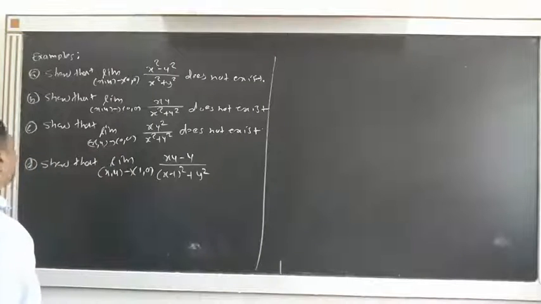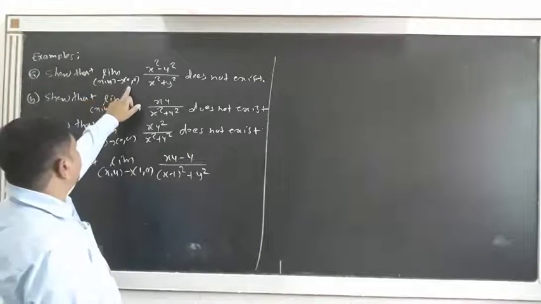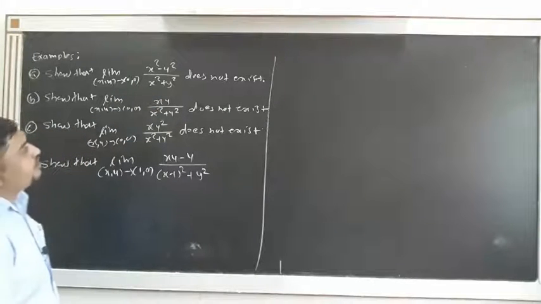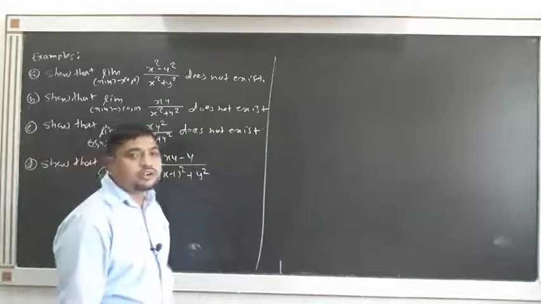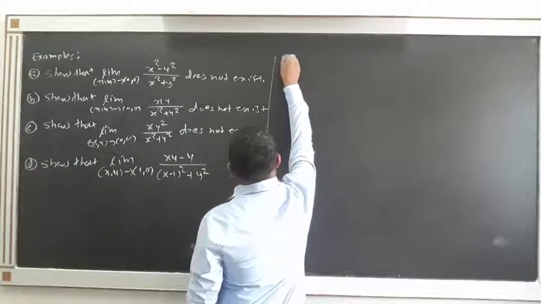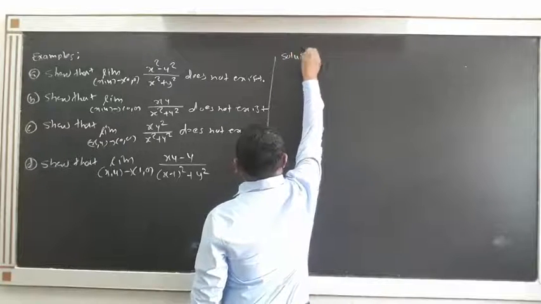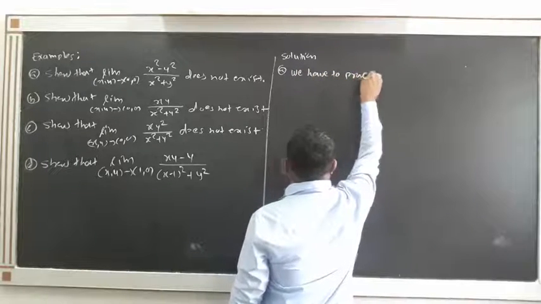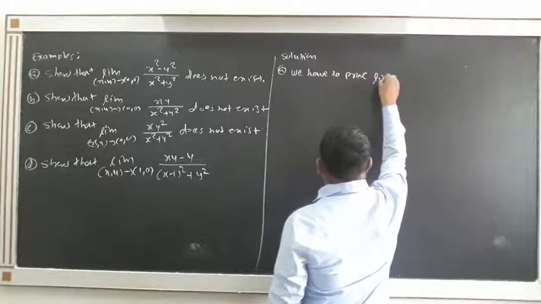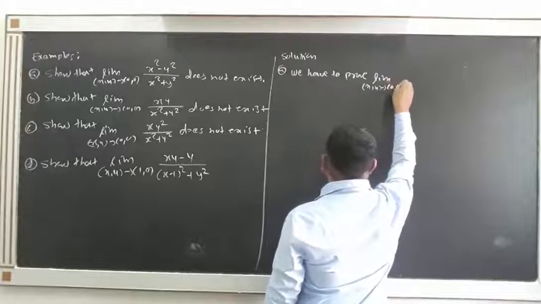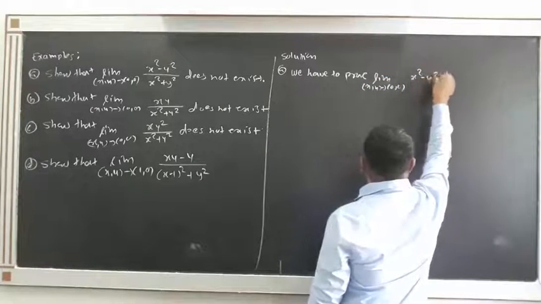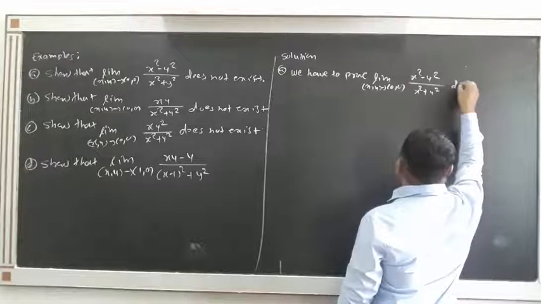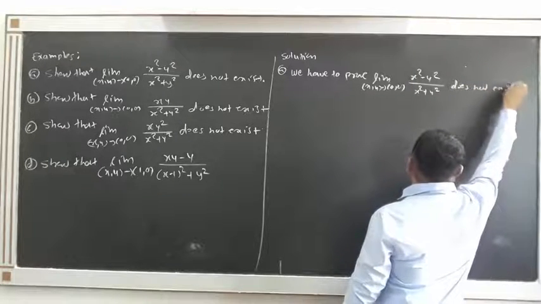First example: show that the limit as xy tends to 0 0 of x square minus y square upon x square plus y square does not exist. Solution: we have to prove that the limit as xy tends to 0 0 of x square minus y square upon x square plus y square does not exist.